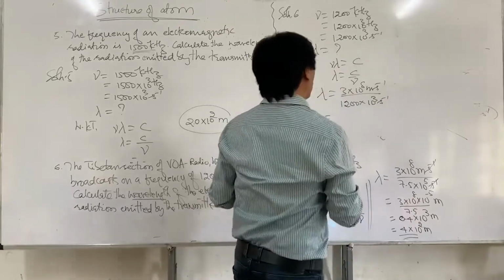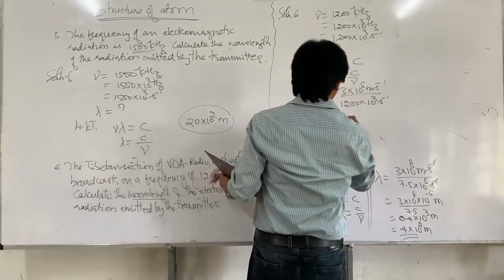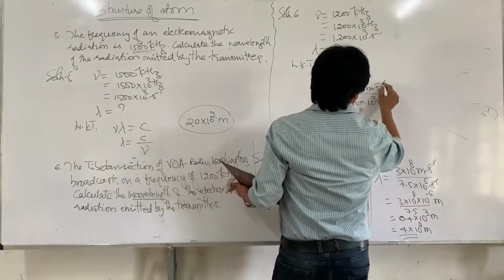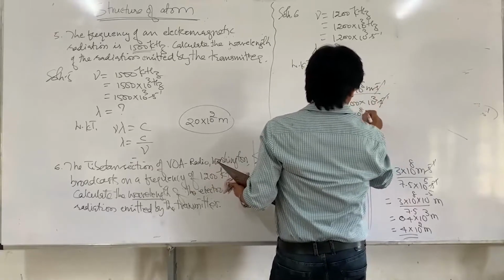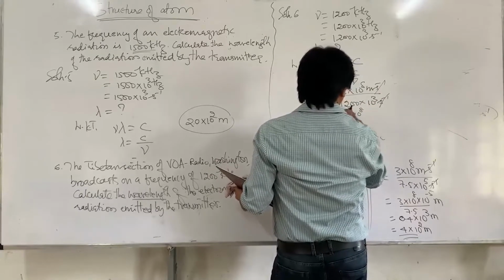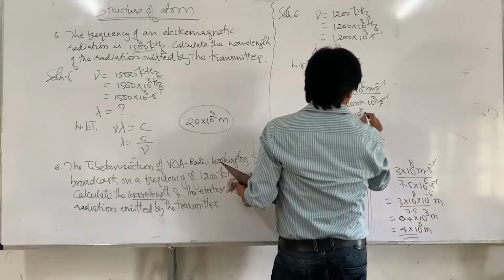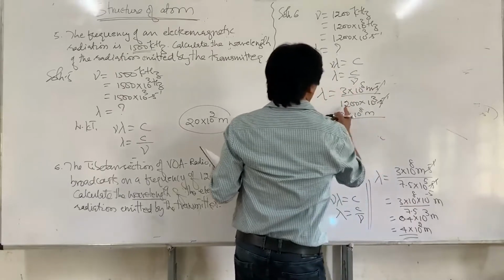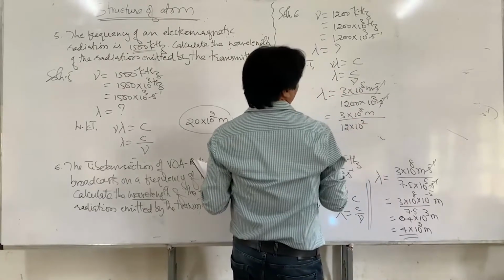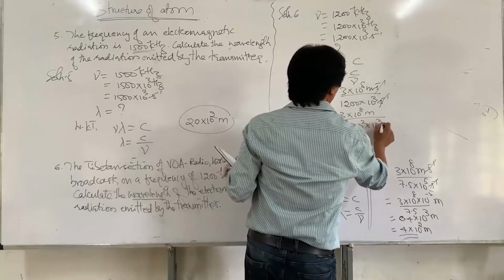And the simplification here, you can also get it done like this: 3 into 10 raised to power 8 meter per second, right? Per second cancels, so you are left with meter. I can write 1200 as 12 into 10 raised to power 2, into 10 raised to power 3 here.